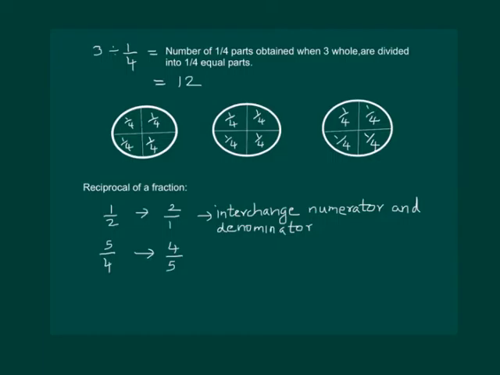Let us check. We have 3. We change the sign of division to multiplication and take the reciprocal. We get 4 by 1. The answer would be 12, which is the same as the answer we got by performing the practical division.